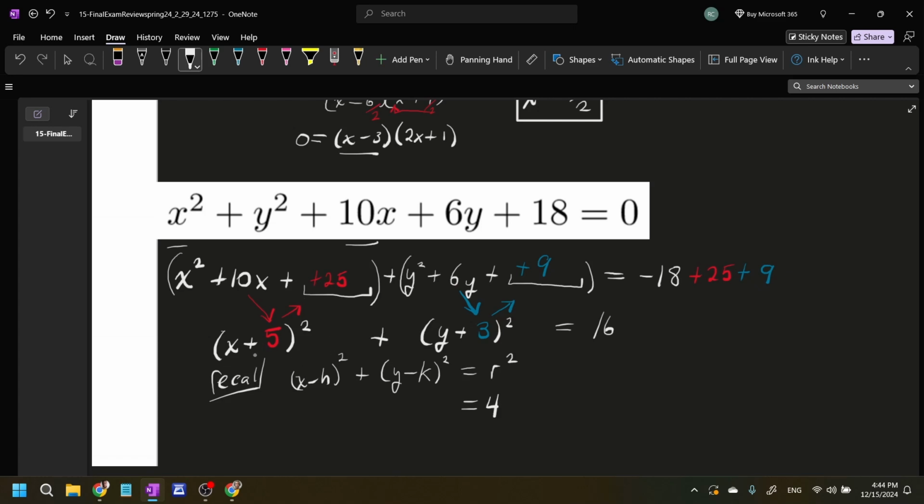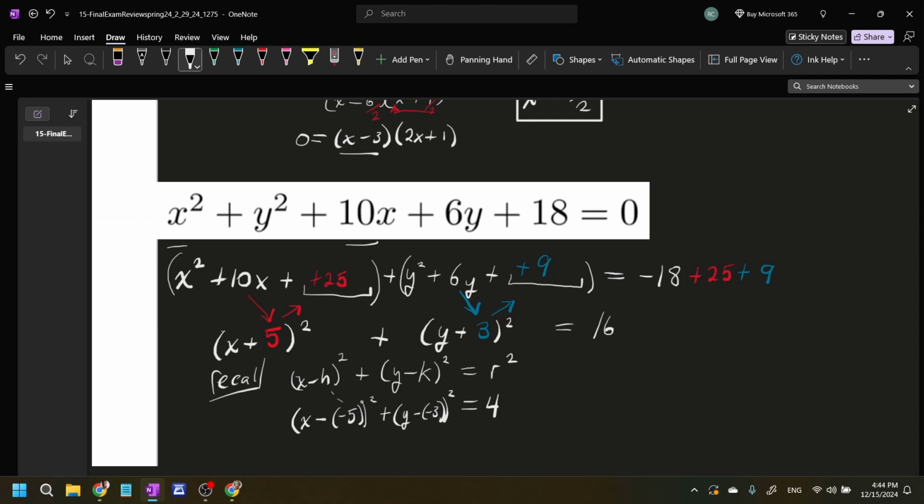If x plus 5 is x minus h, then h must be negative 5. So I'm going to write this as x minus negative 5, that's our h value, squared, and y minus negative 3 because we have this plus 3 here squared.